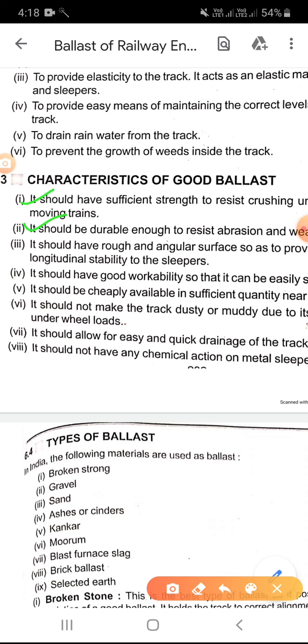It should have a rough and angular surface so as to provide good lateral and longitudinal stability to the sleeper. Number 4, it should have good workability so that it can be easily spread on the formation.